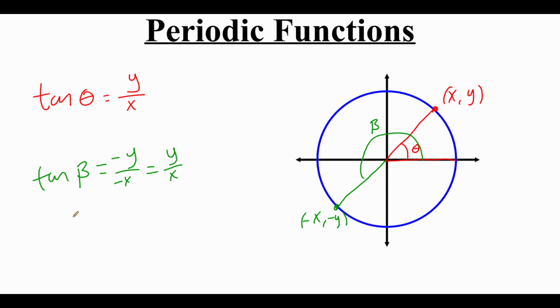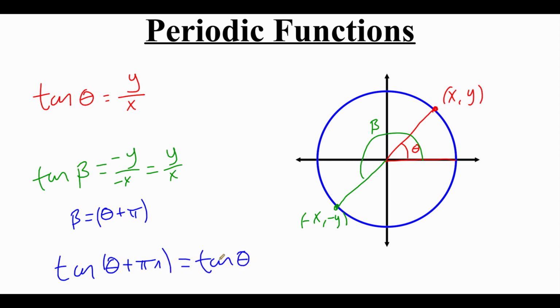So this beta value is really our original theta value plus pi. So what we can say about the tangent is that the tangent of theta plus any multiples of pi is going to equal just the tangent of theta, and because the value that we're adding on is pi, we would say that the period of a tangent function is just pi.